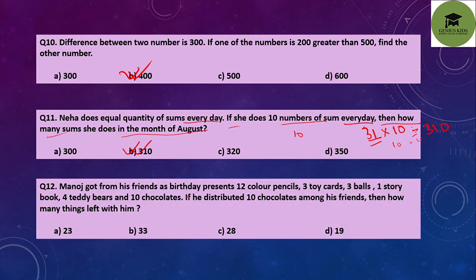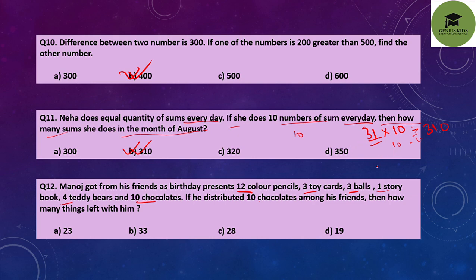Manoj got from his friends as birthday presents 12 color pencils, 3 toy cars, 3 balls, 1 storybook, 4 teddy bears and 10 chocolates. If he distributed 10 chocolates among his friends, then how many things are left with him?